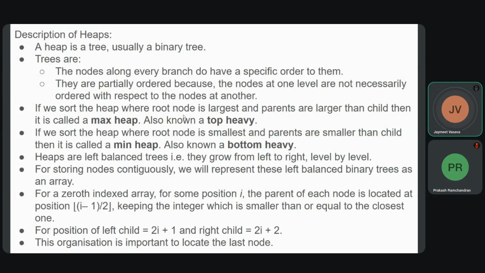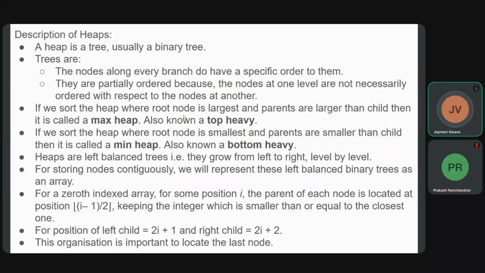The trees we will be using are partially ordered, which means that the left subtree and right subtree are not balanced with respect to each other. They can be balanced subtree-wise, but not with respect to each other.